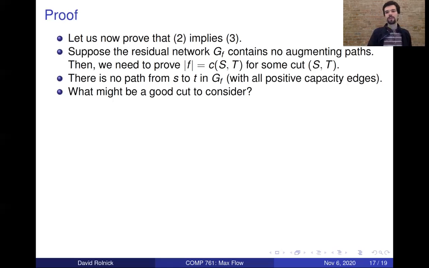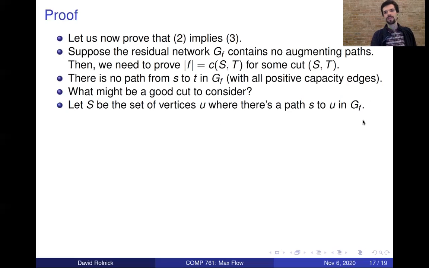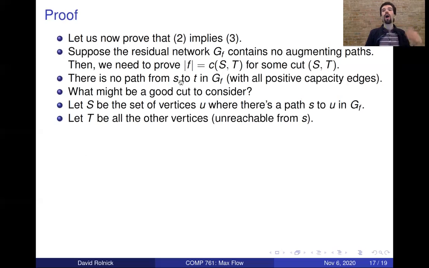We can let S be the vertices reachable from S. This is a reasonable thing to consider, because remember, we need S and T to be such that the set T contains T and the set S contains little s. So we know that T isn't reachable from S. So we could imagine that big T is all the things that aren't reachable from S, and S is all the things that are reachable from S. Okay.